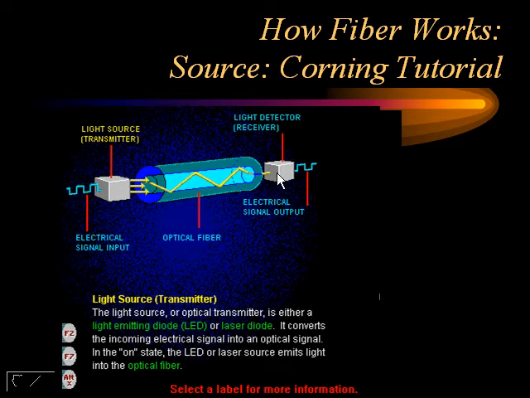The receiver is known as a light detector. In this case, as we mentioned earlier, this could well be a photoelectric cell, in which case the optical signals are converted back into electronic or electrical signals.